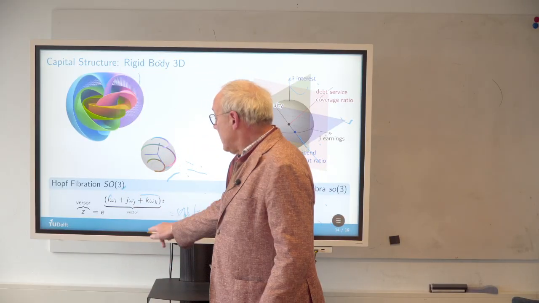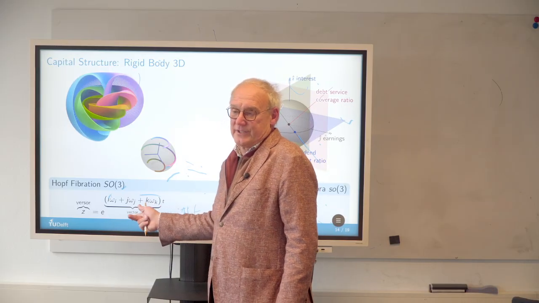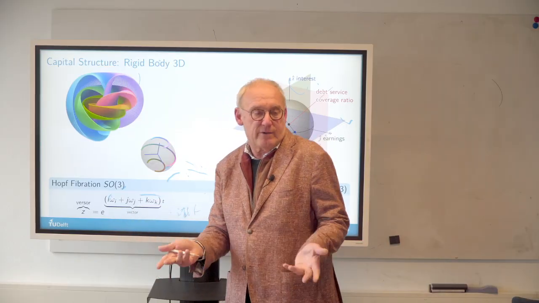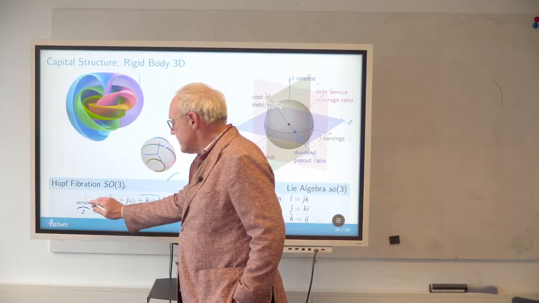Now, the absolute value of this thing will be 1, for the same reason that any exponential map over a complex thing always gives you absolute value 1. Hamilton called these things versors.